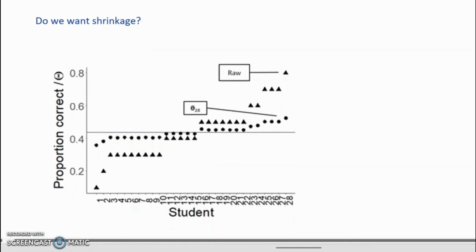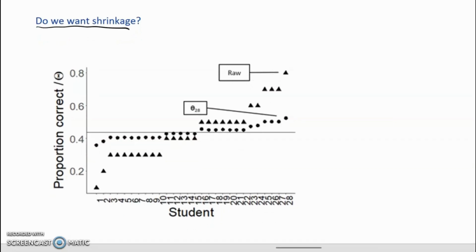And then the second consideration is, well, shrinkage is going to occur. Do we want it? Well, if we're dealing with students, we're probably not going to take this student that scored 80% and tell them that their final grade is going to be 53% based on the performance of their peers. On the other hand, if we're dealing with drugs, let's say we're doing a screening study for drugs, and based on performance, we select this one.